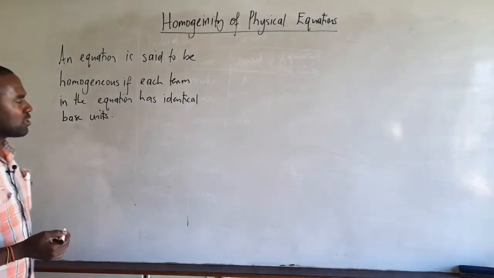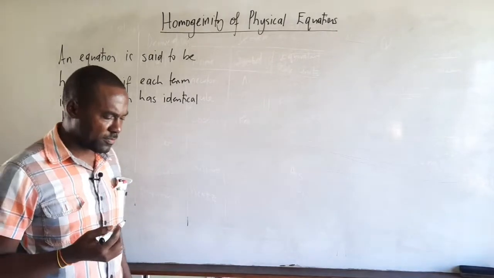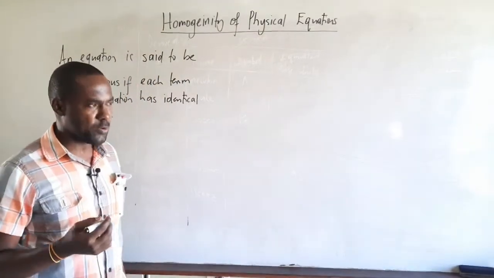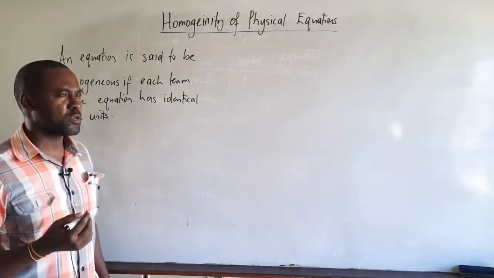So an equation is said to be homogeneous if each term in the equation has identical base units.